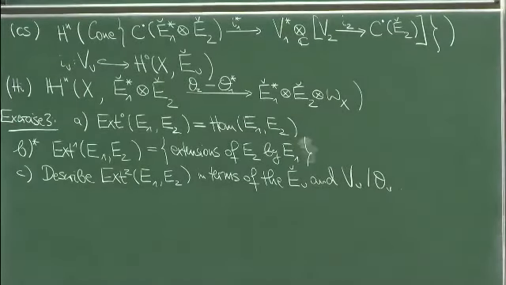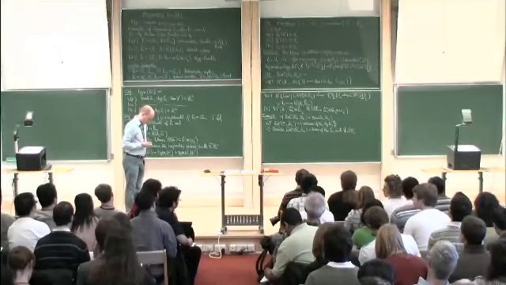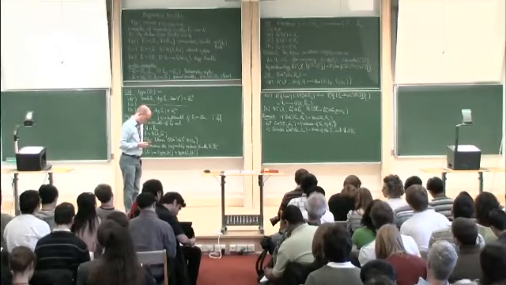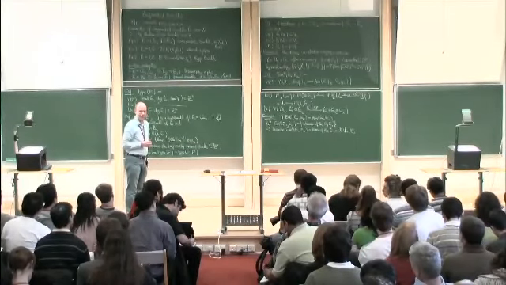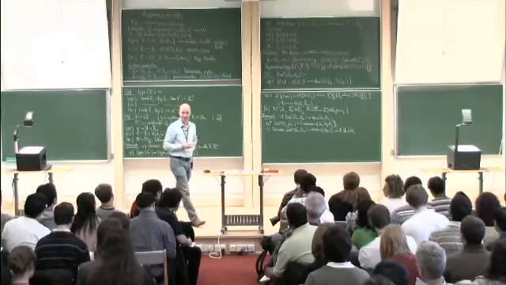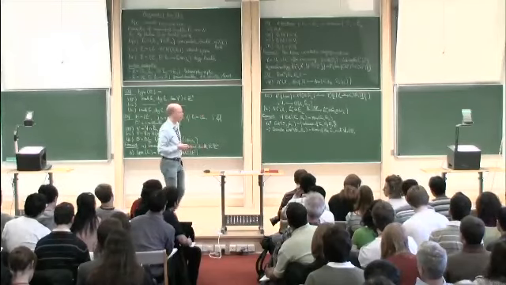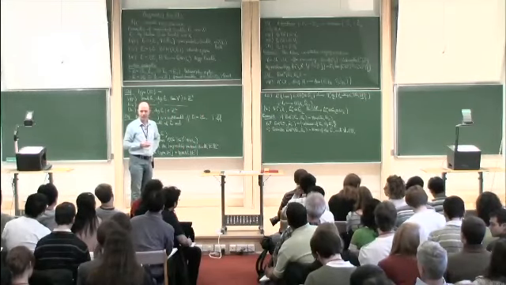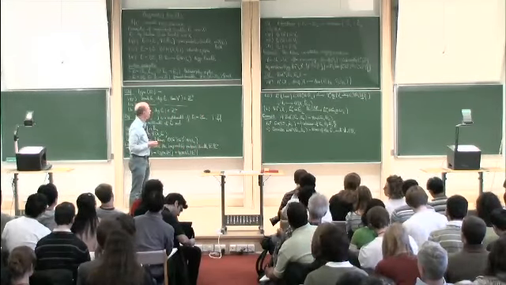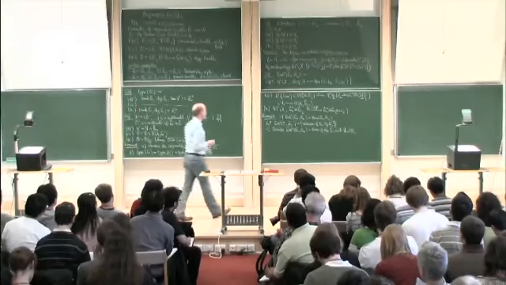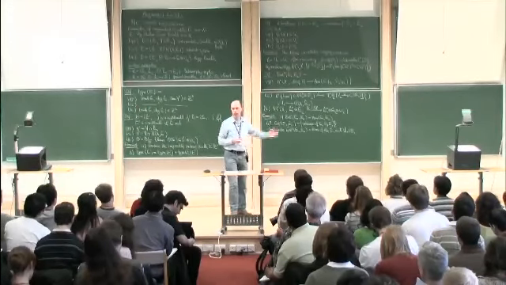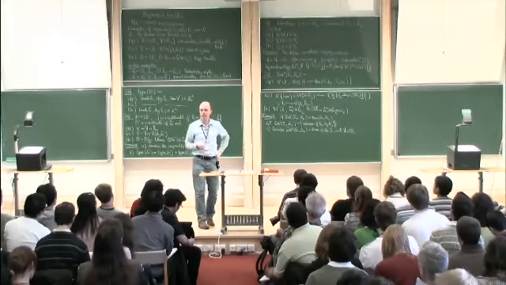If it's not Ext, why do we want this one? Let me say, I guess it is Ext. I'm not exactly sure, but I guess so. This one is more computable. I mean, how do you compute Ext? That is not so easy.